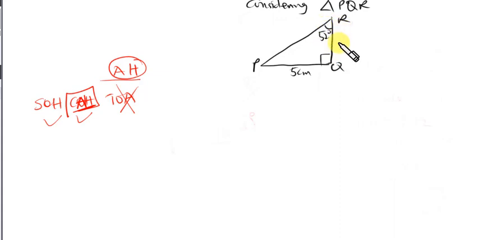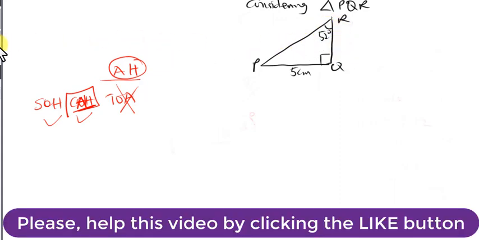I want to find this length. Of course, the hypotenuse is the length PR, because it is opposite the 90 degree angle. To this angle, this side becomes the opposite side, and this side becomes the adjacent side. Because I know the opposite side and I'm finding the adjacent side, comparing to SOHCAHTOA I have to deal with the TOA.